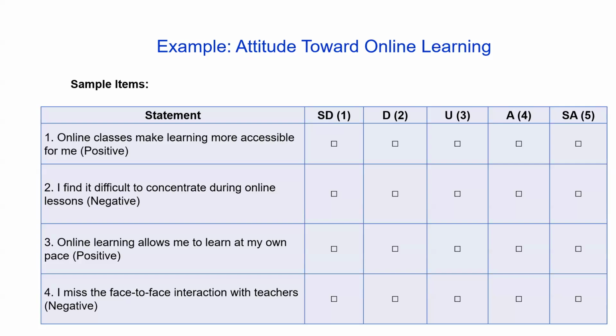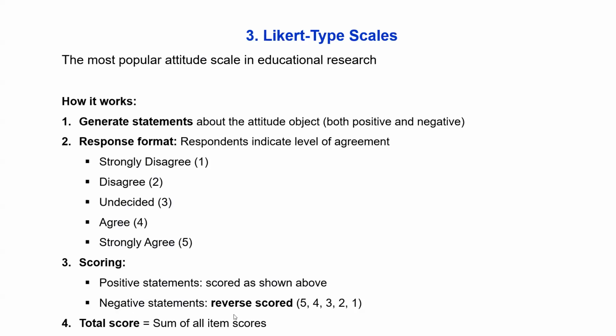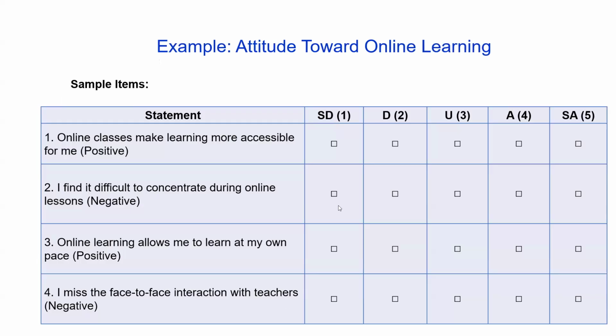Then when we give marks for a negative statement, we reverse the scoring. If you say no, I strongly disagree, we put 5 marks.